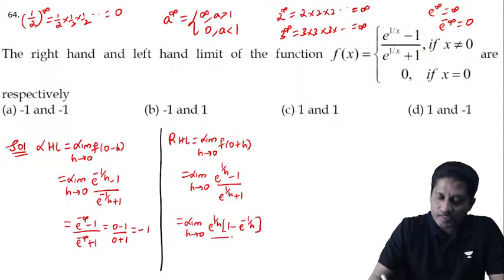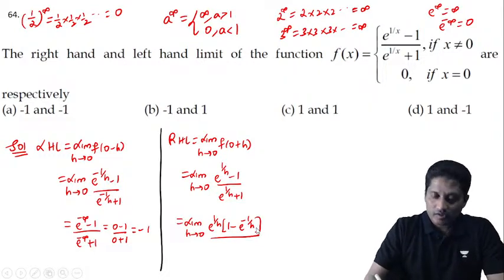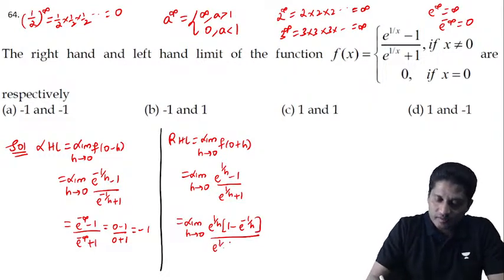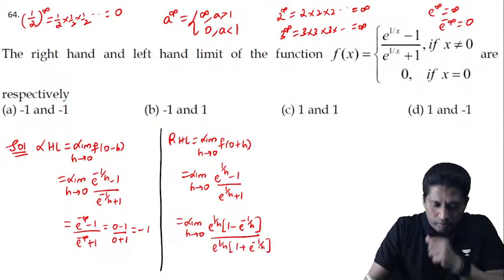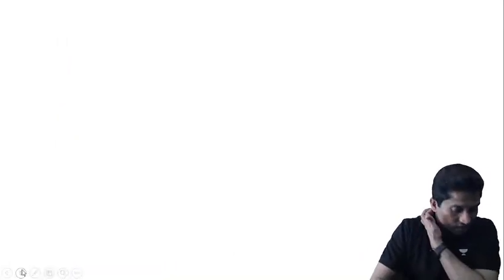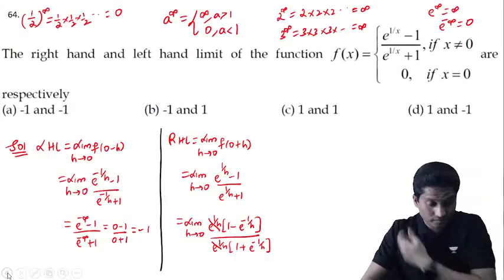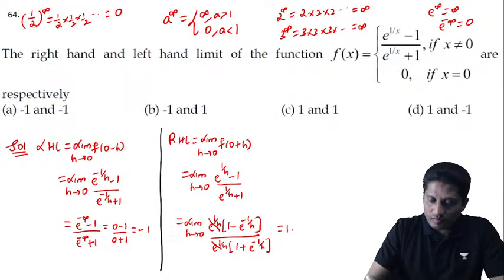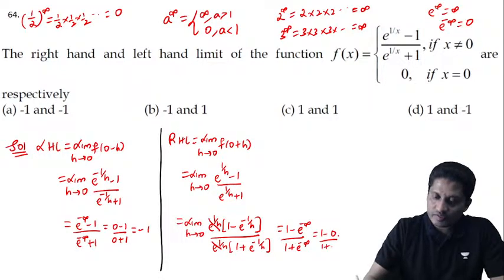If you multiply, you get back the same thing. Here also, if I take e to the power 1 by h common, it is 1 plus e to the power of minus 1 by h. This will cancel. Now h is tending to 0, so it equals 1 minus e to the power minus infinity divided by 1 plus e to the power minus infinity, which is 1 minus 0 by 1 plus 0, which is equal to plus 1.